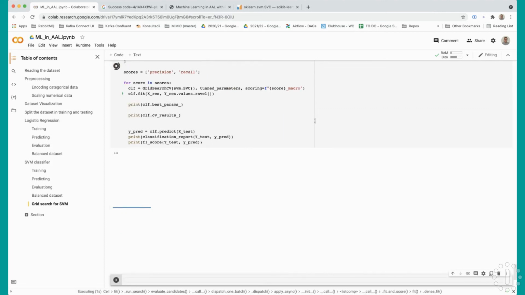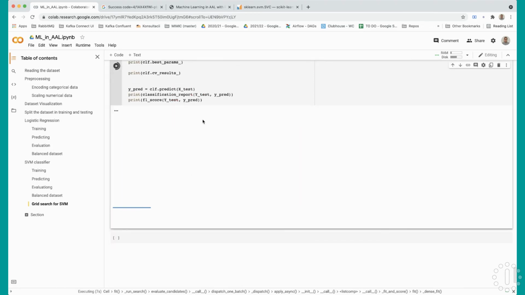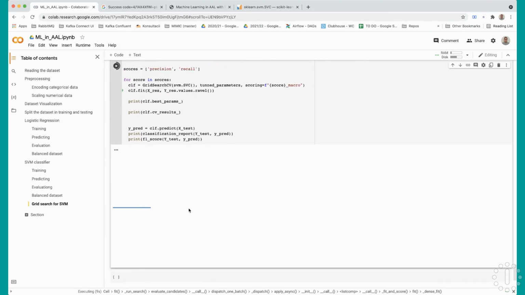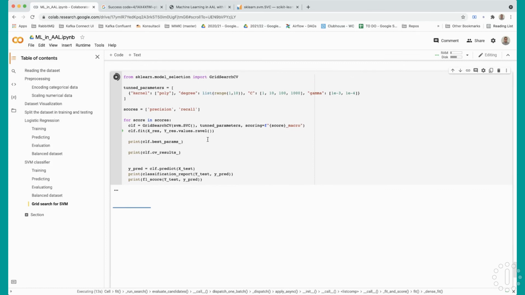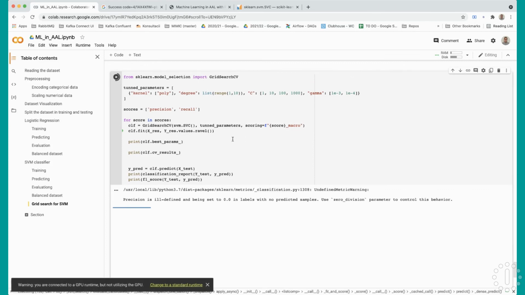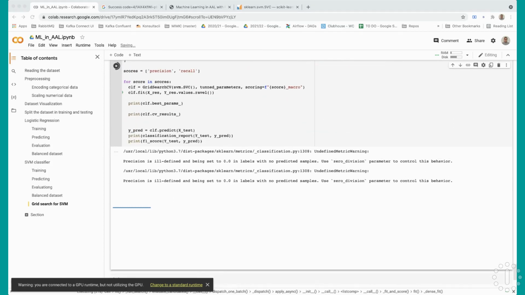Let's take a look. Yeah, I think now it's starting to load something. So this will take a while to execute.